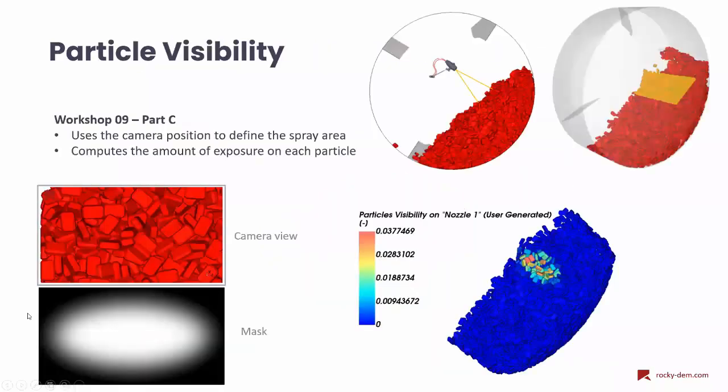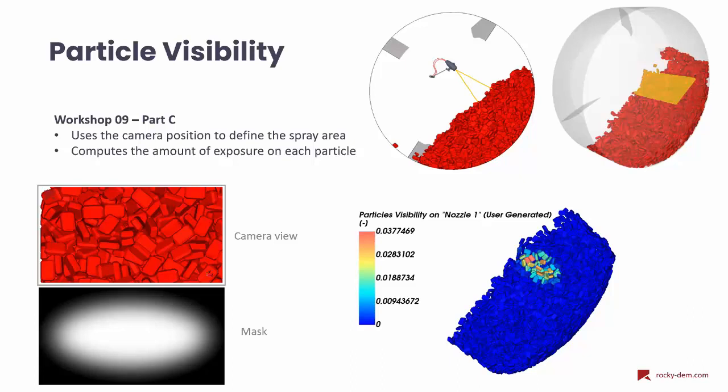That was the end of this presentation, but I encourage you to take a look at workshop 9 in our portal, because that shows another way of computing this spray region. We got information on the spray distribution using the residence time inside that cone as the key parameter. But that's not necessarily true, because particles that are above the surface of other particles do not receive the liquid coating.